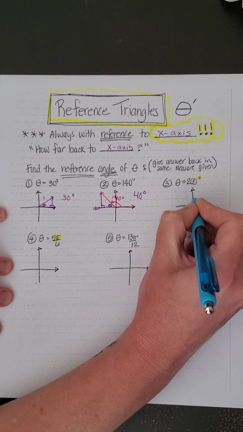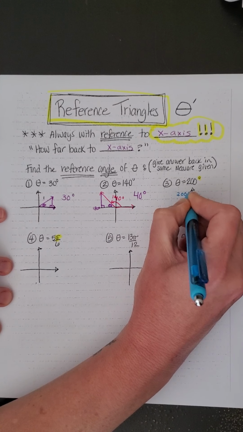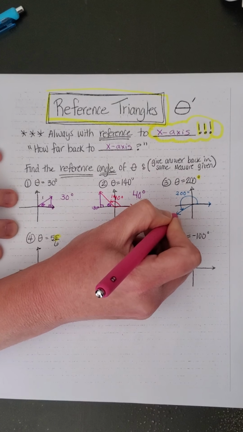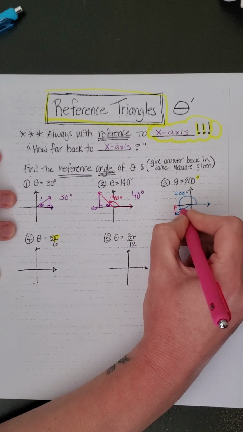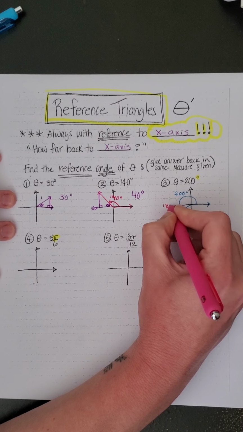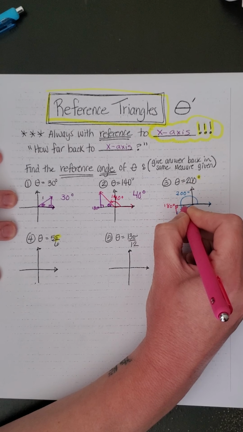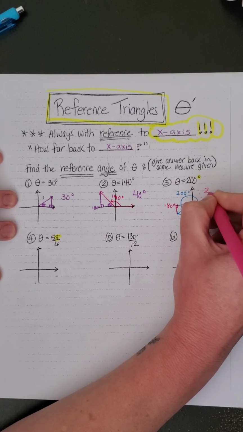And so this entire angle would be 200 degrees. But when I draw my reference triangle, I refer back to the x-axis. And if this is 180 degrees and I've gone 200 total, then this angle must be 20 degrees. And so my reference angle would be a 20-degree angle.